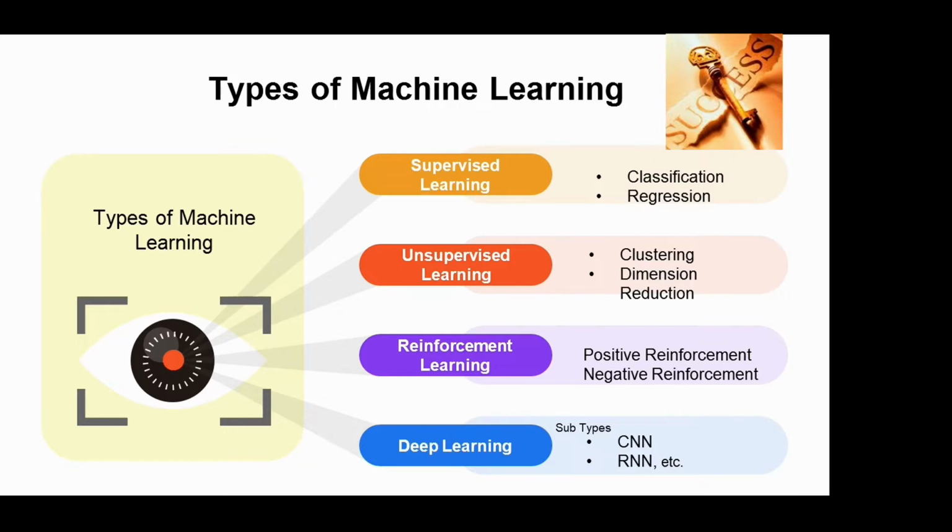In the previous slide we saw a set of fruits. There are 5 different kinds of fruits, so that will be multi-class classification. And in the first image we saw the dog and cat image. There are 2 objects there, so it is also a classification problem. And if we want to predict whether it is class 0 or class 1, then it is binary classification.